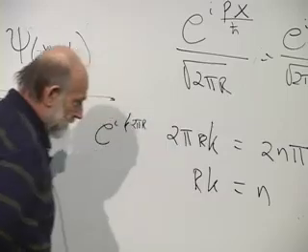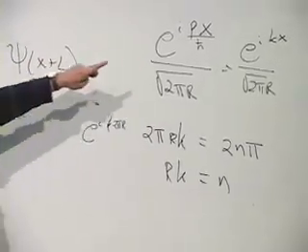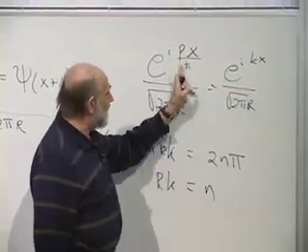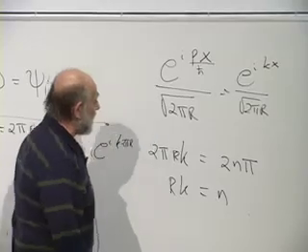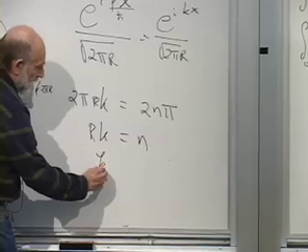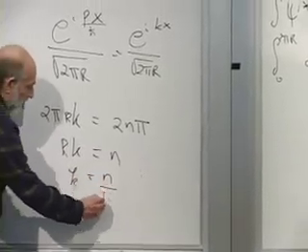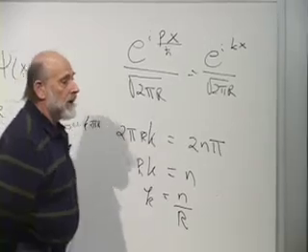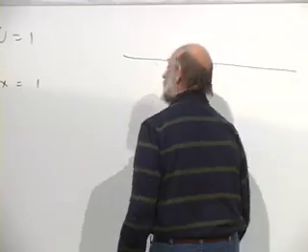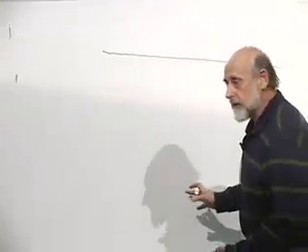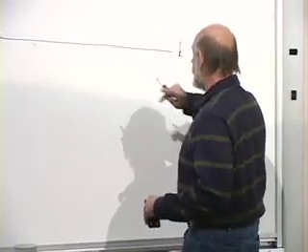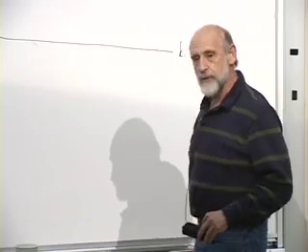an integer. Or that the eigenvalue k, this is the eigenvalue of the momentum, or strictly speaking, the eigenvalue of the momentum divided by h bar, is quantized in units of n over r. Now, this means that if I were to plot on the horizontal axis the spectrum of possible values of k, I'm just going to put down all the possible points.